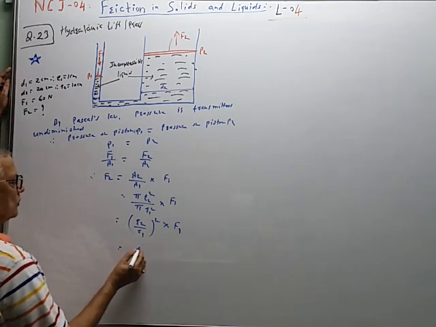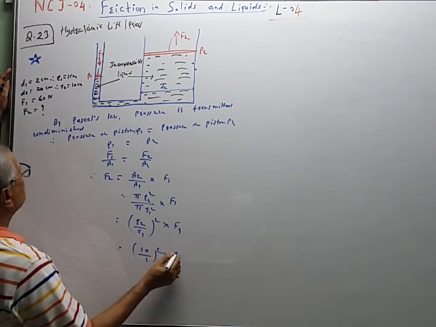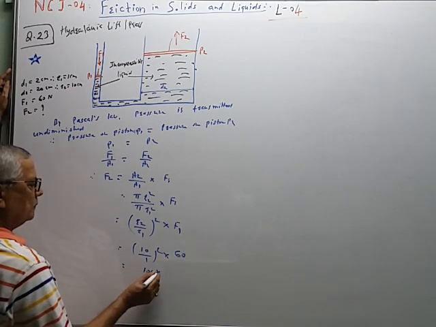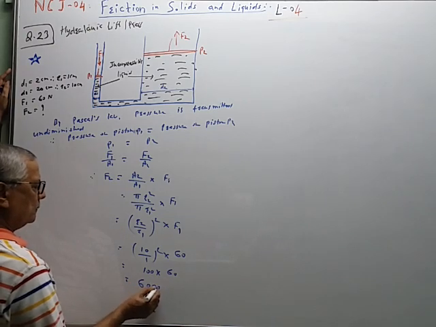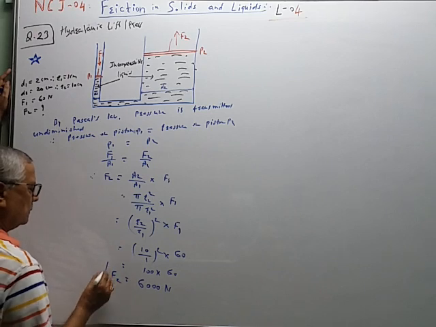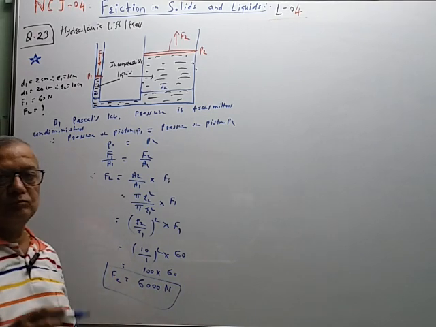Substitute the value. F2 is equal to 10 centimeter upon 1 centimeter, whole square, multiplied by 60 Newton. So 100 multiplied by 60, that is equal to 600 Newton. So this much force is exerted.